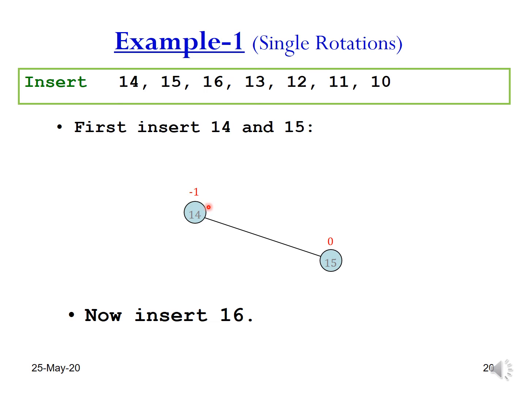So it is -1, and this is 0 because this is a leaf node. Now insert 16. 16 is greater than 15, so as soon as we insert this 16, the balance factor of this node will become -2, and thus this violates the property of the AVL tree, so we need to rotate it.